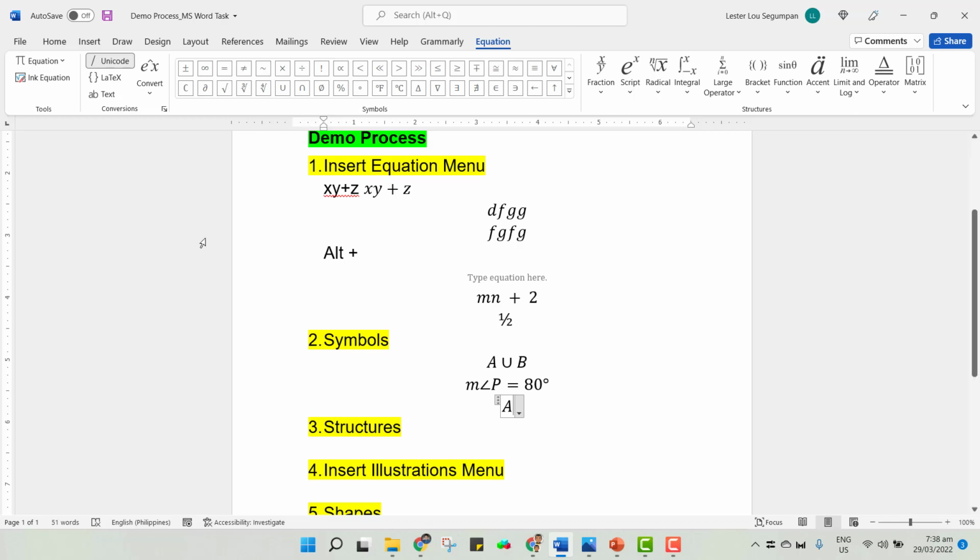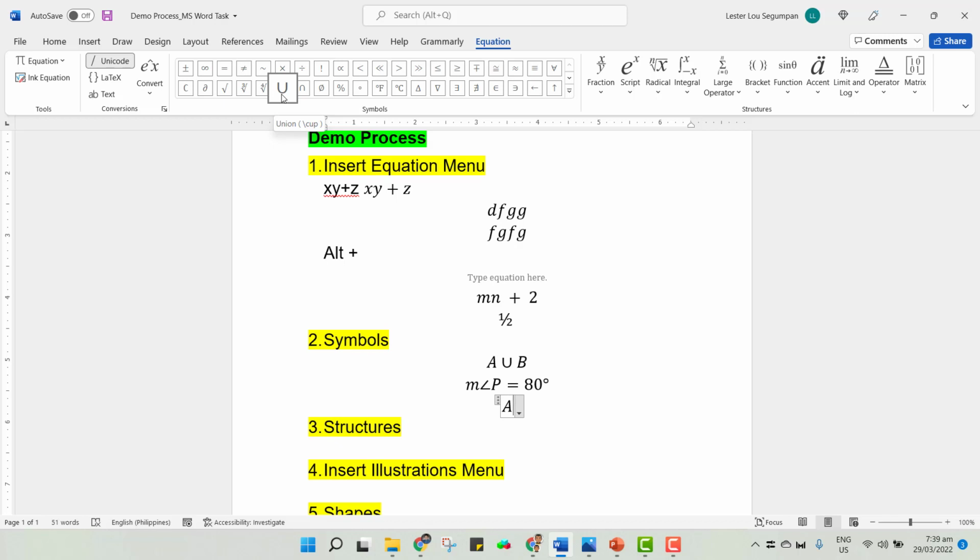If you don't like clicking this, you can also encode it in Unicode. Supposedly I would also demonstrate LaTeX, but I'm not going to discuss it. Just focus on Unicode, because the important thing is that you could maximize your exams using this. So when you browse like this, it shows forward slash cup.